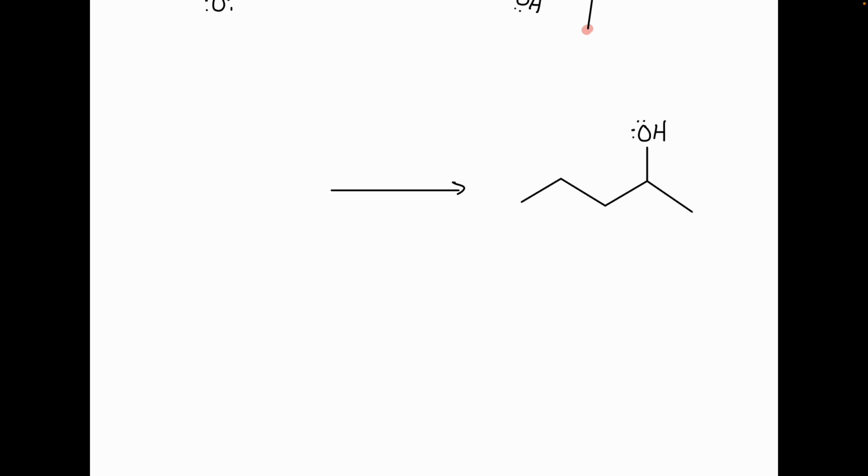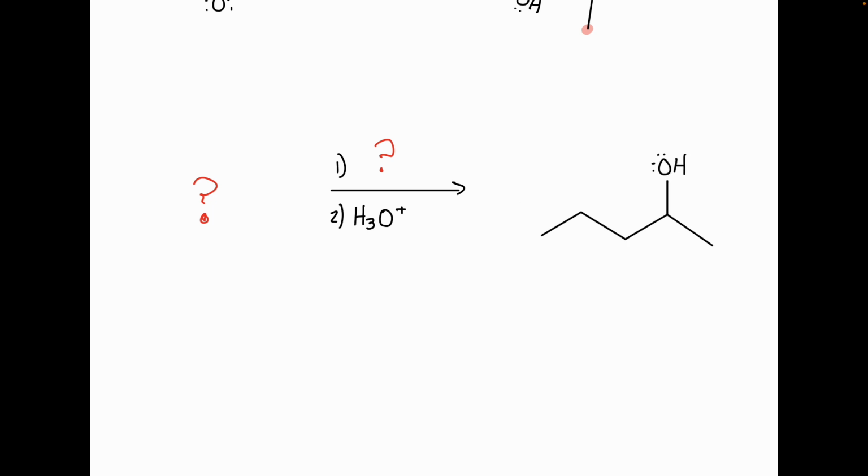So I want you all to give this a shot here. What would be my aldehyde or ketone substrate, and what would be my Grignard reagent that I would use to synthesize this following alcohol? And I'll tell you, there's actually two different, perfectly equivalent ways in which we can do it. Just try to come up with one.